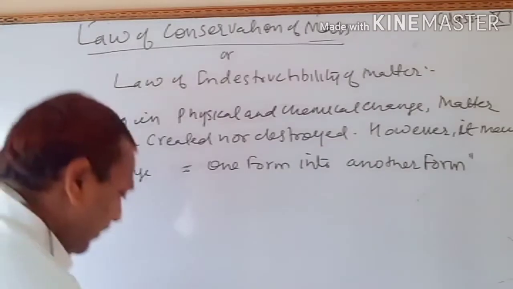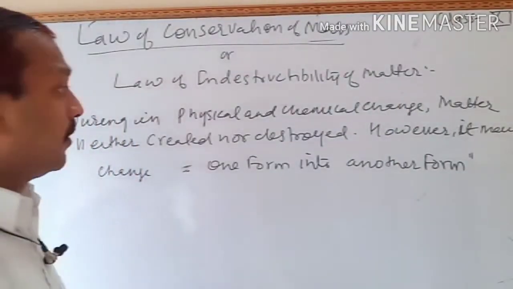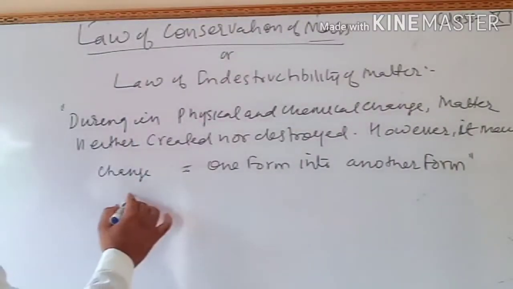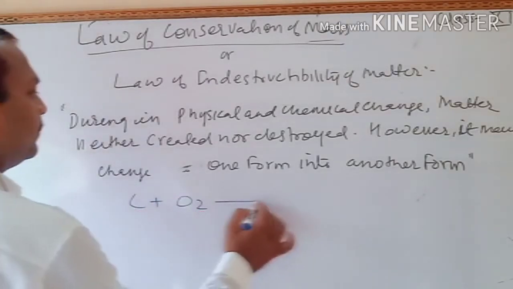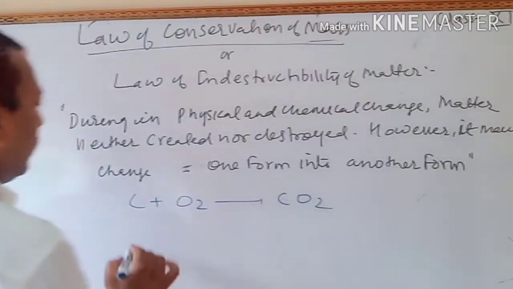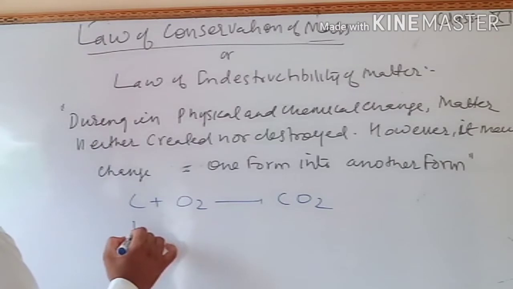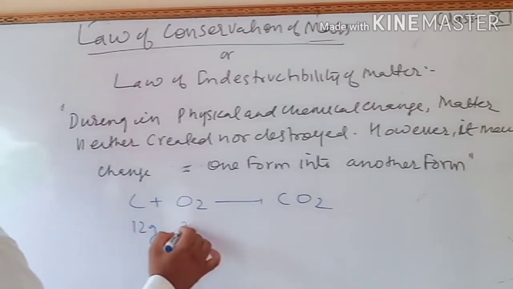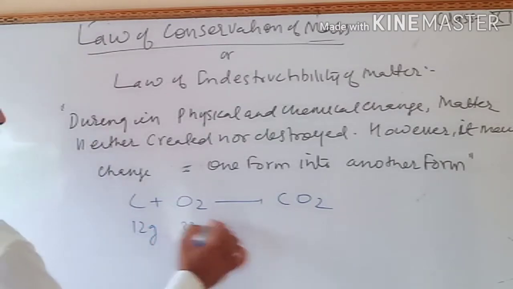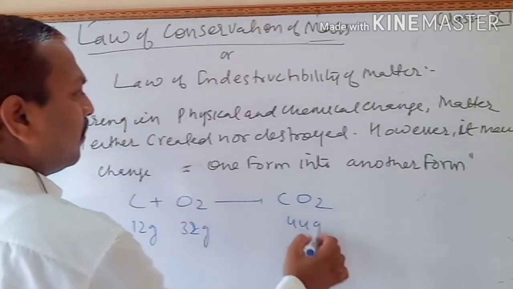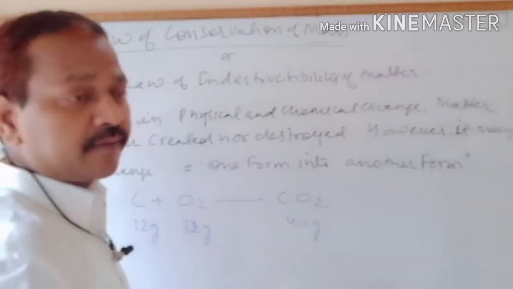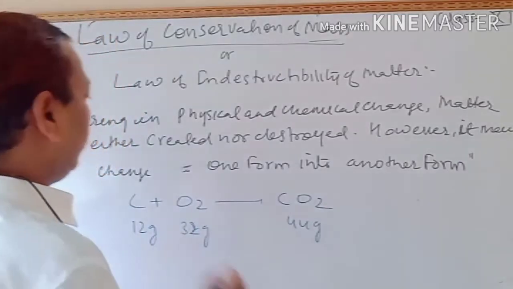Now after this law we can study it by a very simple example. C plus O2 gives CO2. So these are the reactants. Total mass is 12 gram plus 32 gram, so 44 gram. How to calculate molar mass of any compound? You know already.